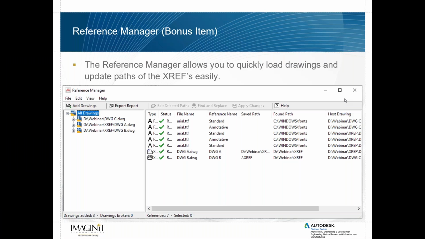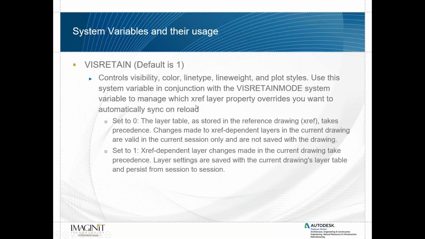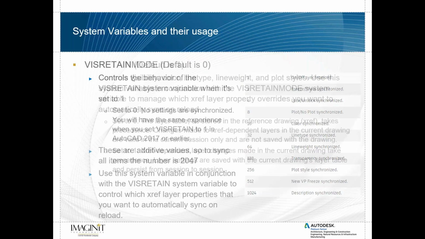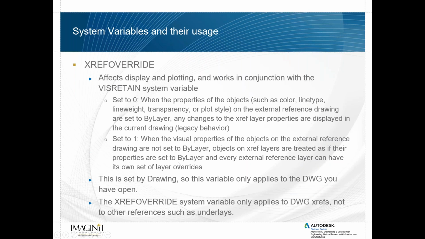This is probably where you're going to want to take a look at XREF override. Set that to 1 and see if that helps, because your VisRetain or your XREF override may be set to 0. If you set it to 1, it should allow those layer overrides to work. That would be my suggestion for that.